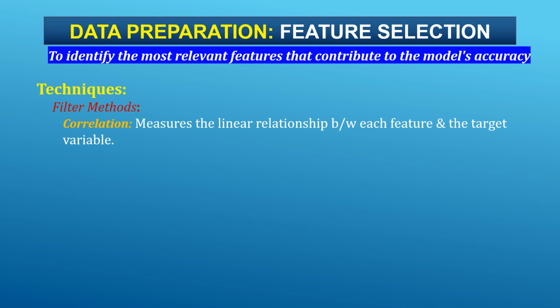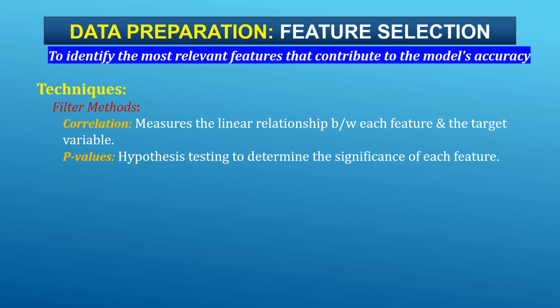Correlation measures the linear relationship between each feature and the target variable. Features highly correlated with the target are considered more relevant. P-values are used in hypothesis testing to determine the significance of each feature. Features with low p-values are considered significant.